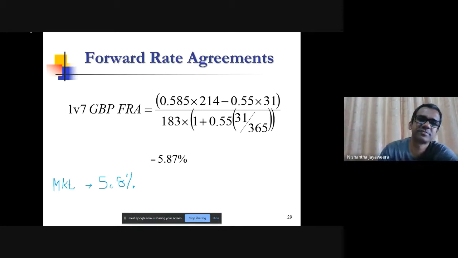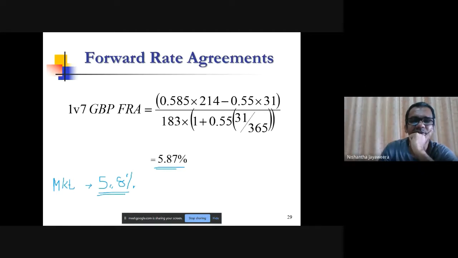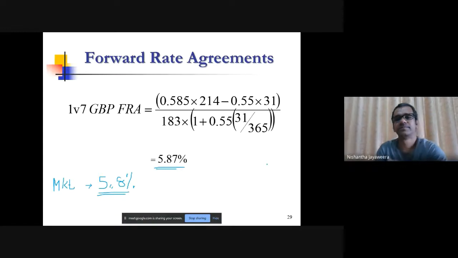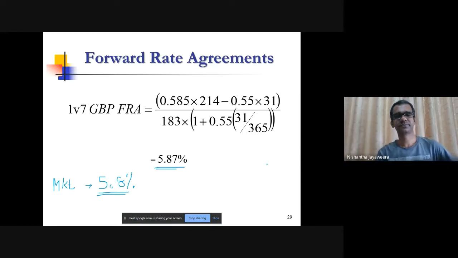Now, based on the current market structure, in 1 month's time, if you want to pay for a 6 month, you have to pay 5.87. But in the market, you have to pay only 5.8. Then what do you do? Which one is cheap? Market is cheap. So, what do you do in the cheap market?